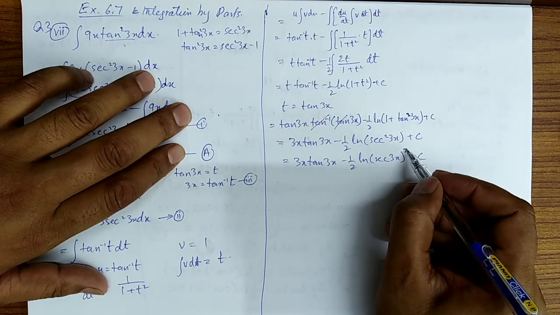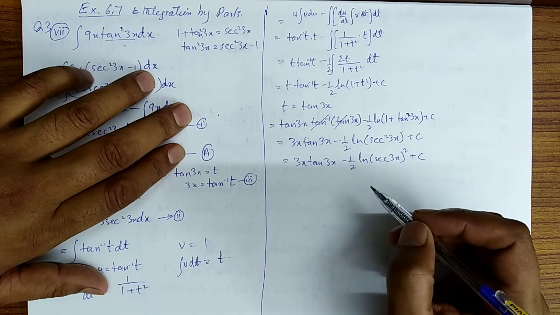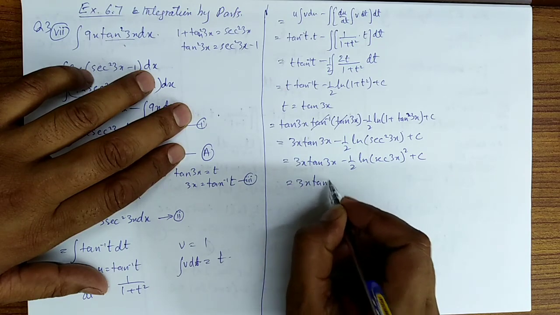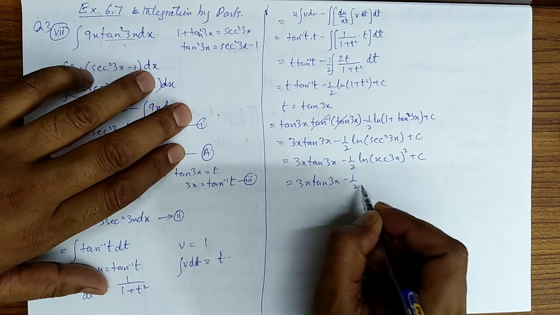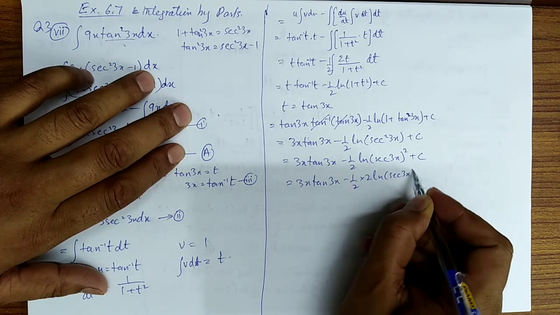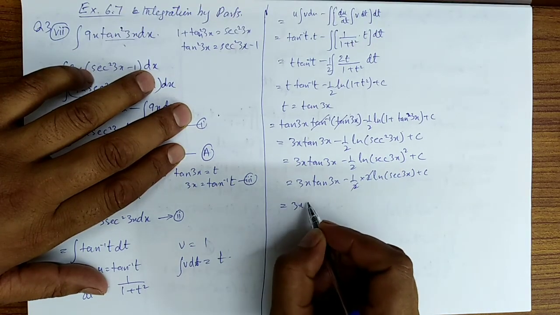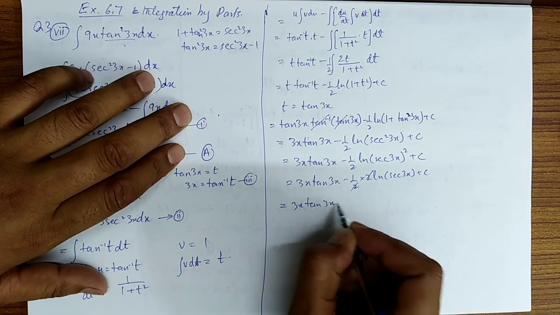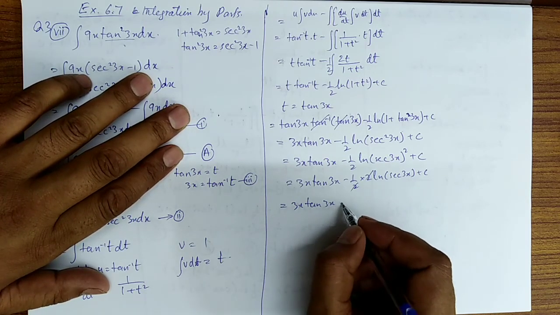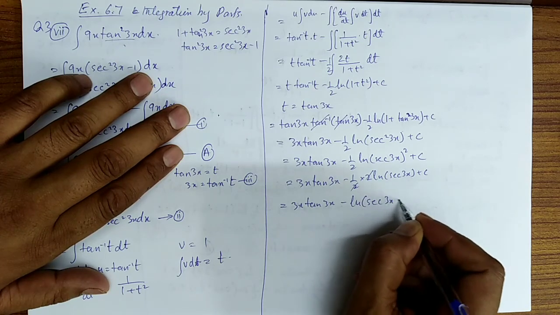Now by using the natural log property, we can shift this 2 just next to the natural log: minus 1 upon 2 into 2 ln sec 3x plus c. So 2 and 2 will cancel out, and we are left with 3x tan 3x minus ln sec 3x plus c.